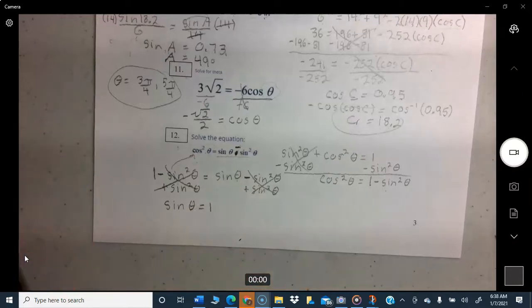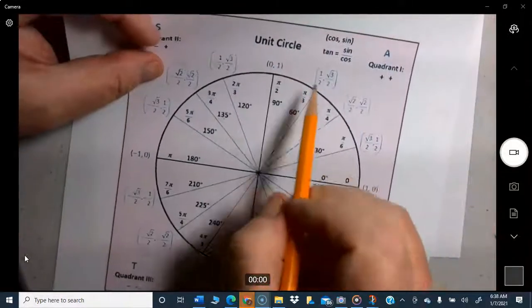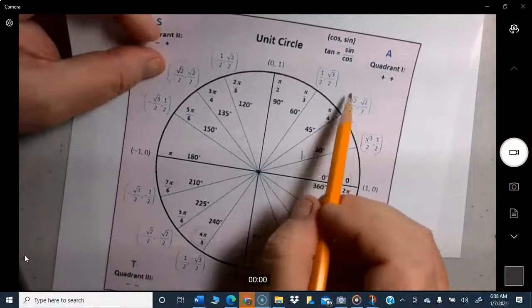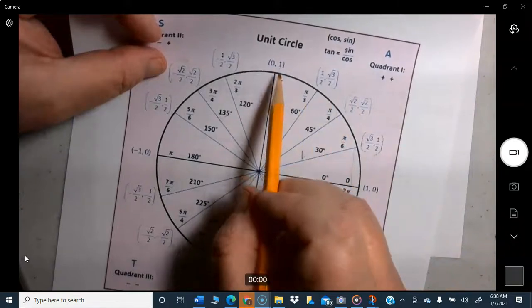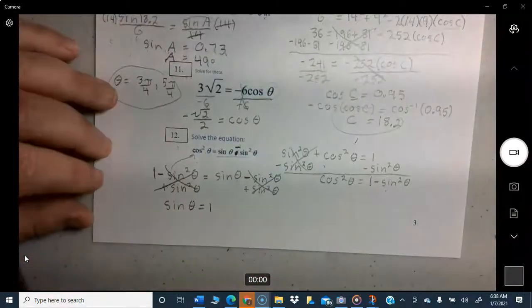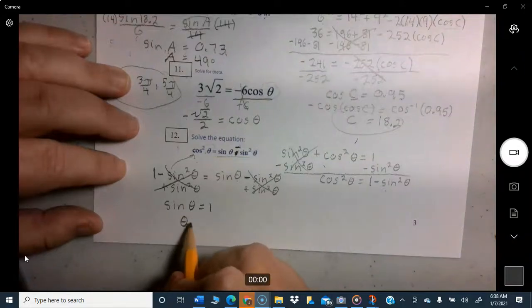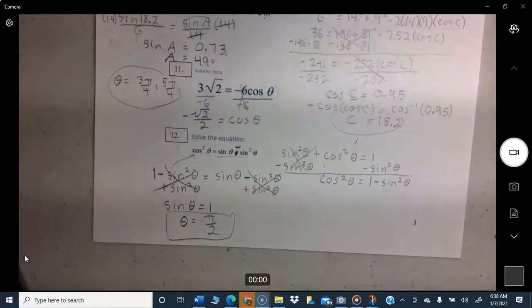So go to your unit circle and find an angle where sine theta equals 1. And remember, the sine is always the second one of these pairs. So there it is right there. Sine of theta equals 1. And that's at pi over 2 or 90 degrees. We call it pi over 2. So theta equals pi over 2. And that is your answer.